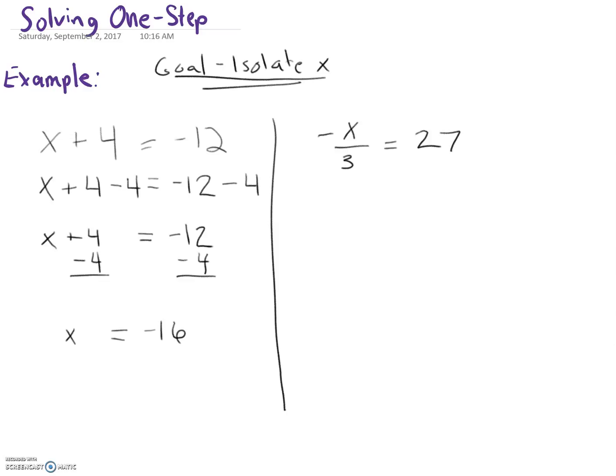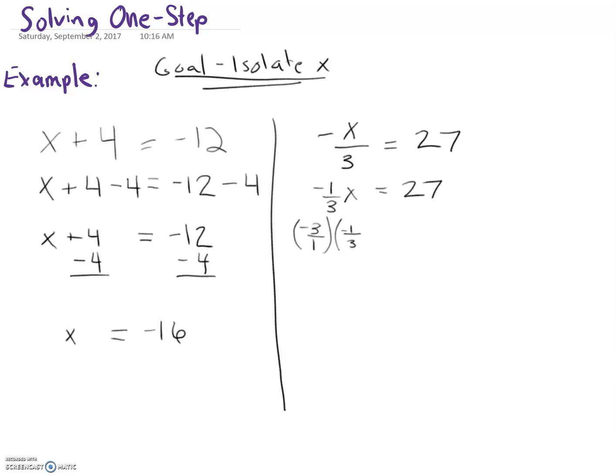So we could say that this is negative 1/3 times x equals 27. All I did was give the equivalent of negative x over 3 as negative 1/3 x. So since it's being multiplied by a fraction, we can multiply by its reciprocal.